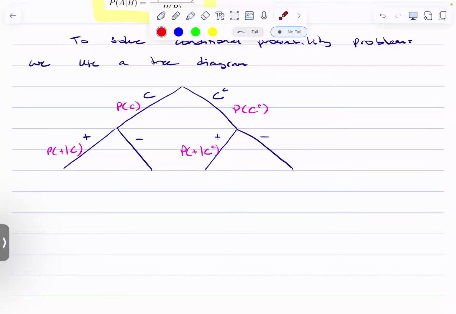right? And so then at the end of each branch, I have cancer and positive, right? And so now I have these combinations. And so at the end of each of these, I get cancer and positive, cancer and negative, not cancer and positive, not cancer and negative. You multiply down each of these branches, right?